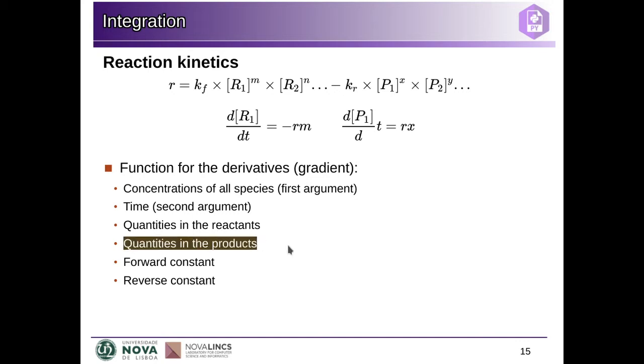And also we need the quantities for the product. So again, another vector. All these vectors will have the same size, and this one will tell us these concentrations. This one, the quantities in the reactants, will tell us these stoichiometric parameters here on the left side of the equation, and this one for the right side of the equation. Then we need the two constants. We need to know the forward constant for the equation and the reverse constant.